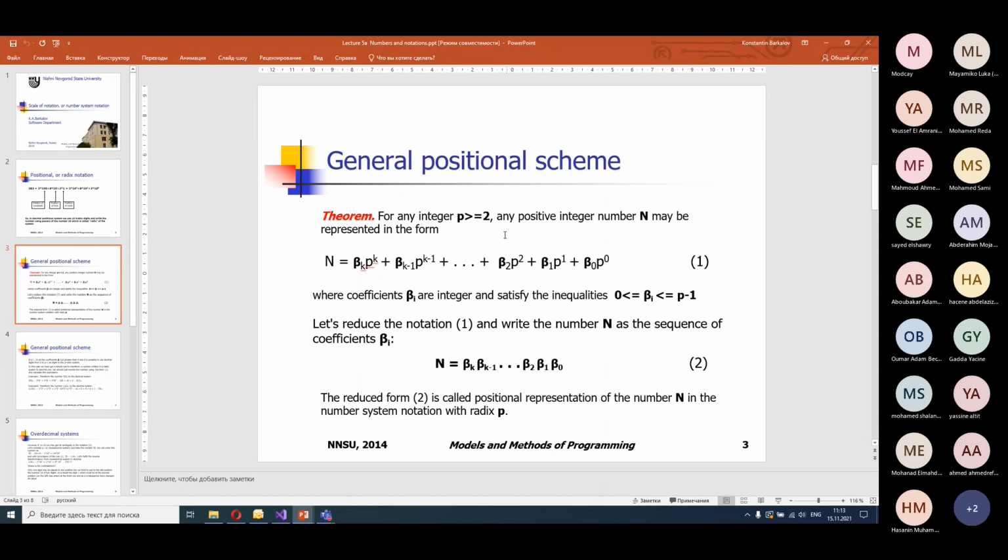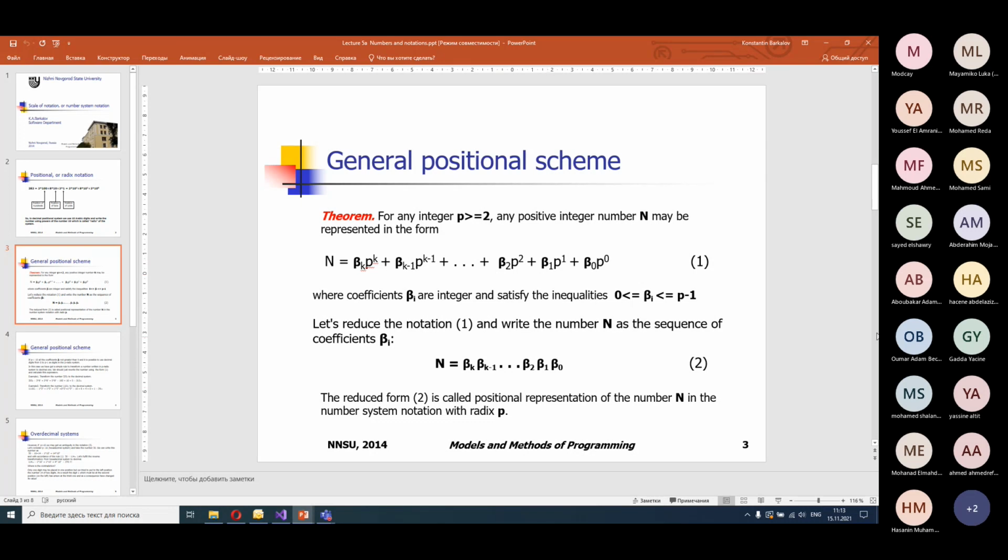And from this mathematical theorem it follows that we can use any number p to represent the numbers. We can use 10, we can use 5, we can use 4, 11, 12, any number as radix p.